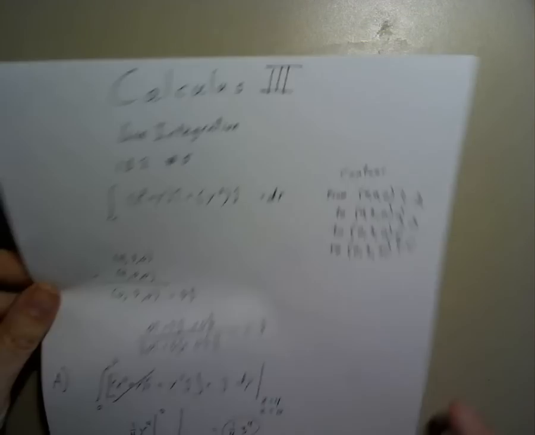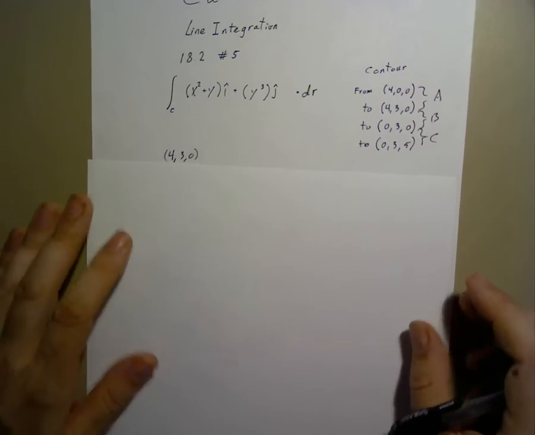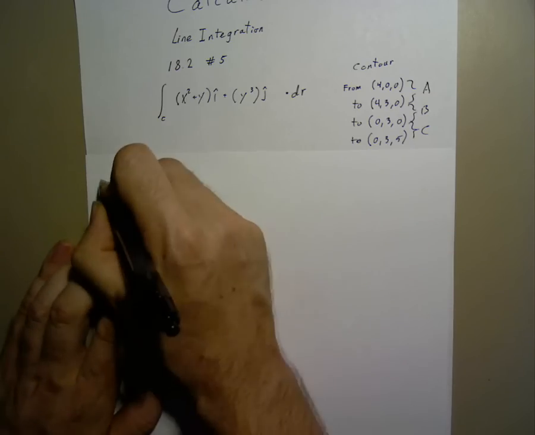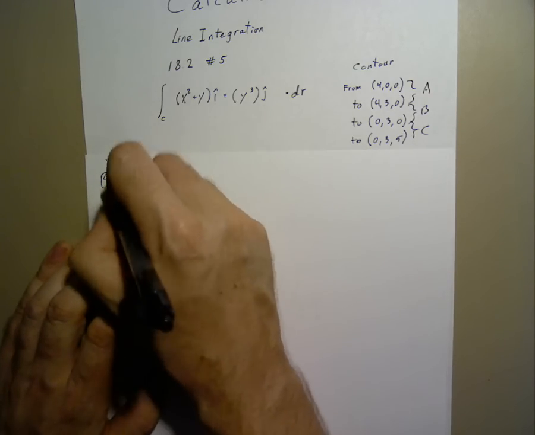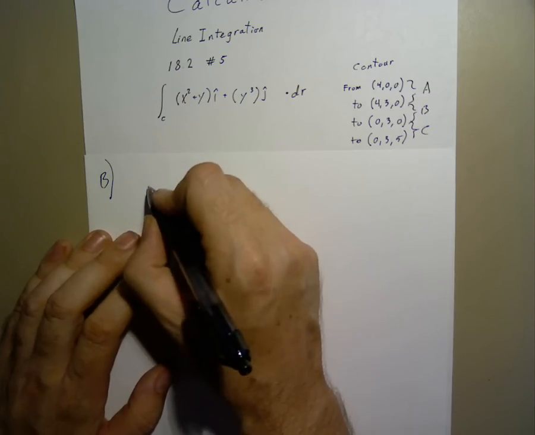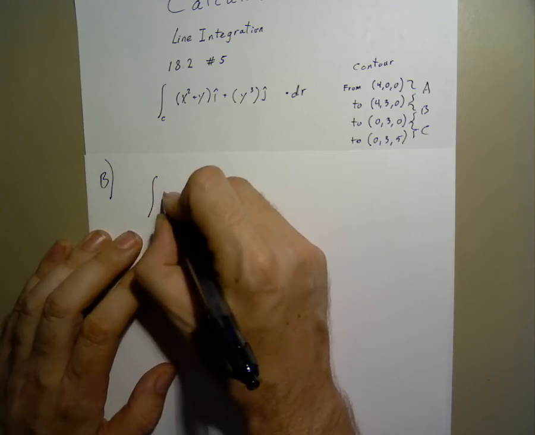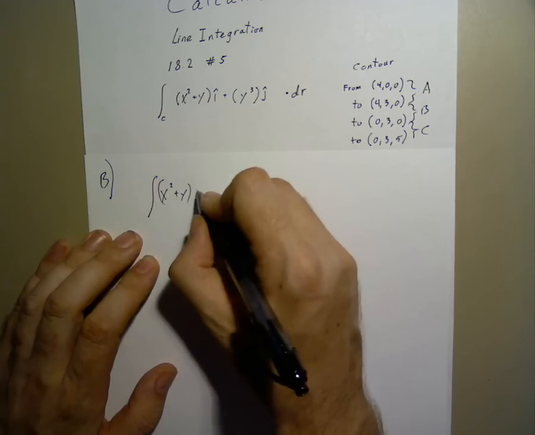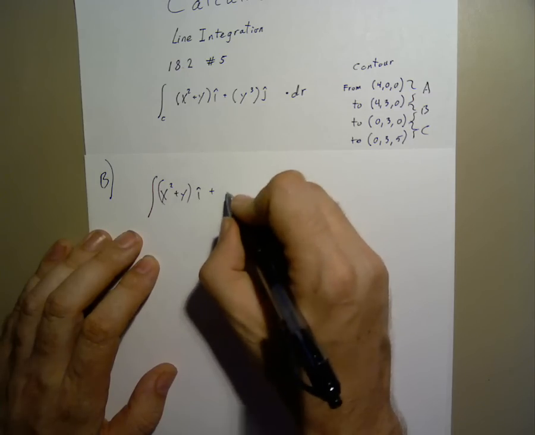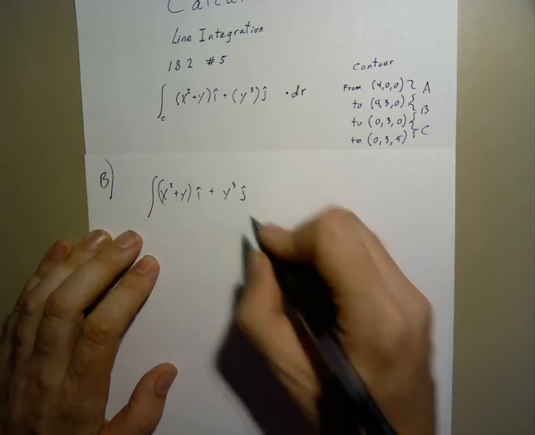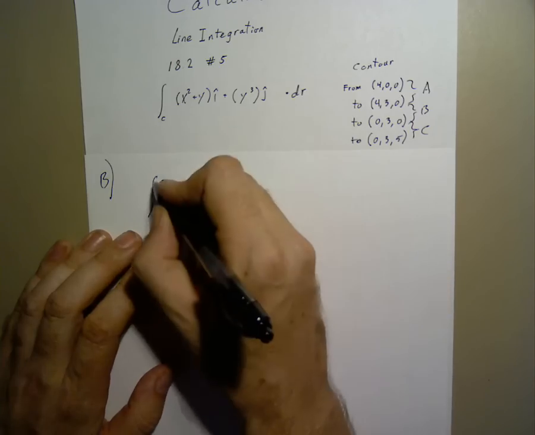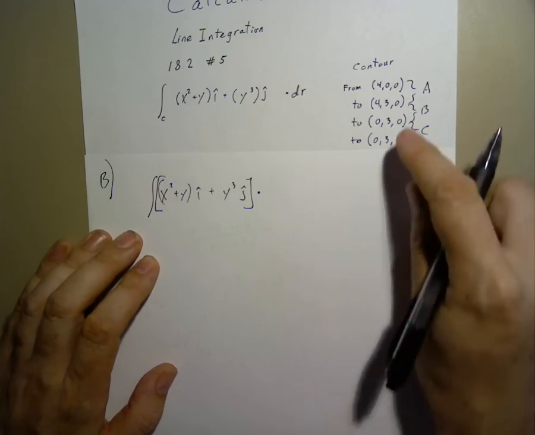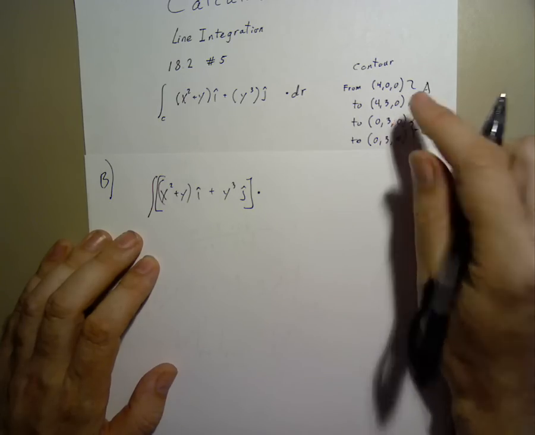Our next integral, using the same method, we'll label this one B. We'll integrate our function x squared plus y i hat plus y to the 3rd j hat. Now, we don't yet know what we need to integrate along.